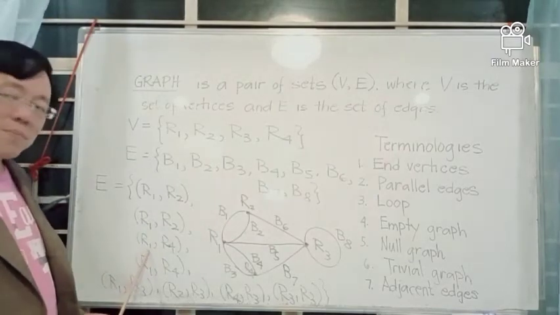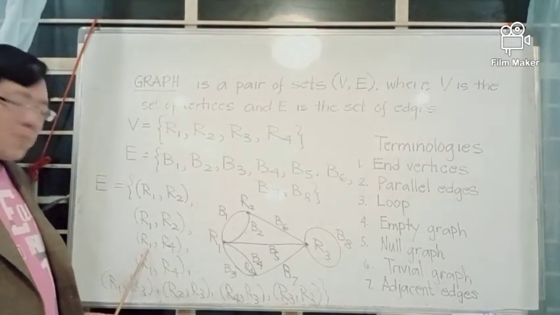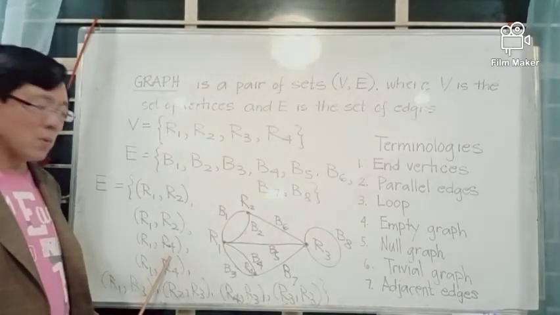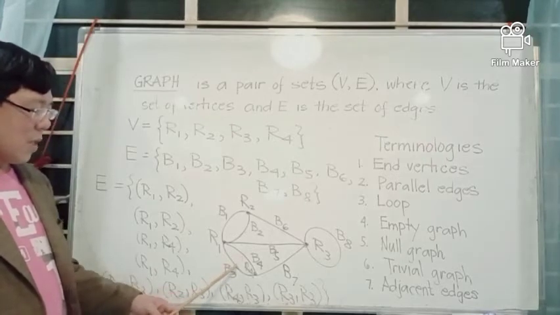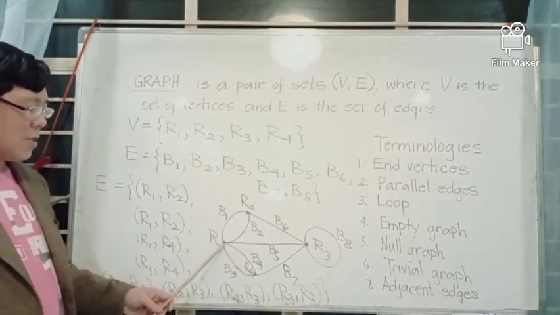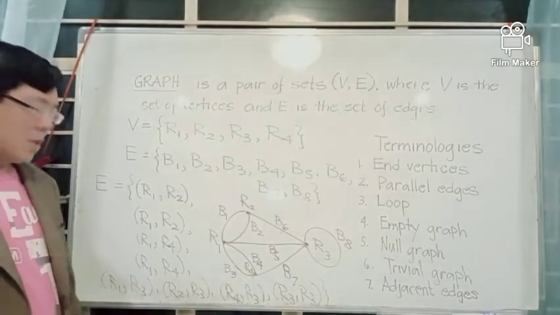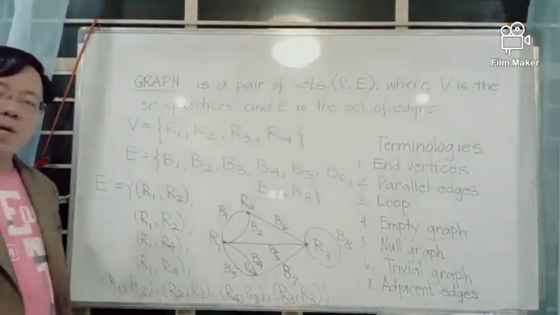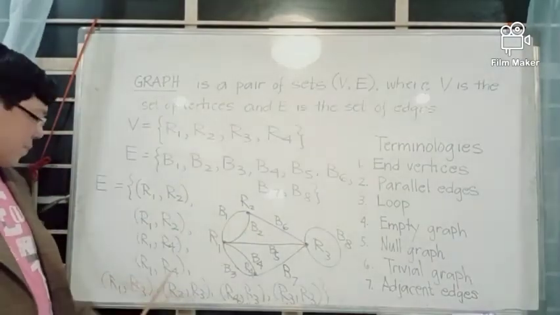Similarly, the edge through the vertices R1 and R4 has multiplicity 2 because this pair R1 and R4 appears twice in the set of edges for this graph.